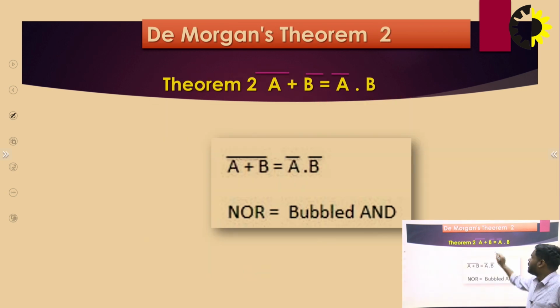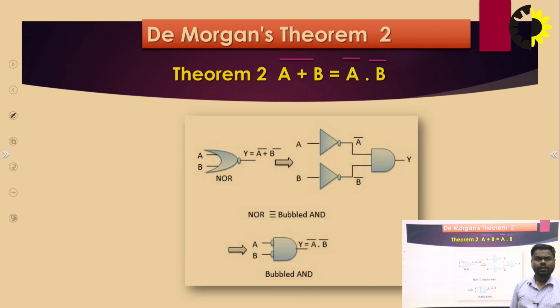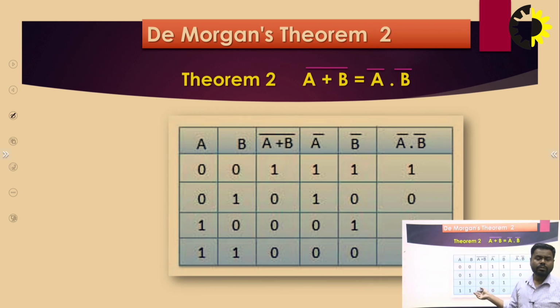Next theorem: A plus B bar is equal to A bar dot B bar. You could prove this using logic gates and logic circuits, but here I am solving it through the truth table.